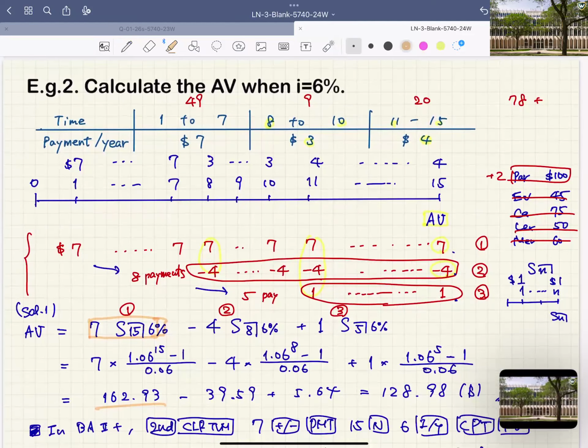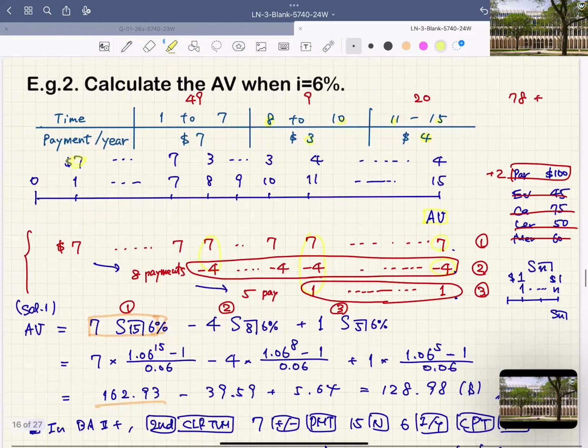So we have to match the first payment amount first. It's not because this is the largest amount. This $4 can be $40 or something, but still we have to consider the cash flow which matches the first several payments. So that is the point.